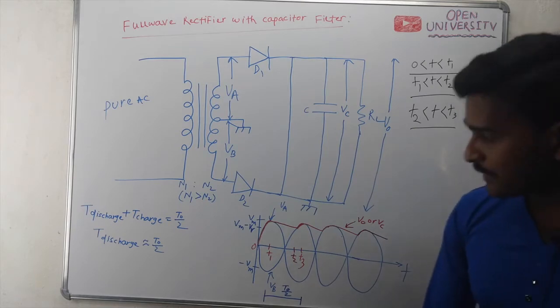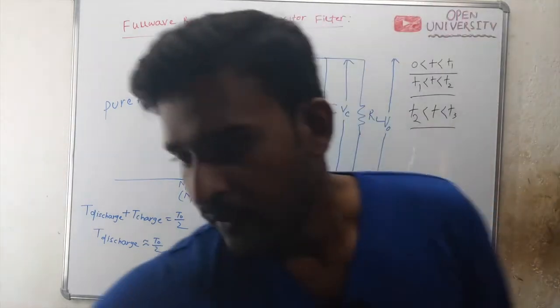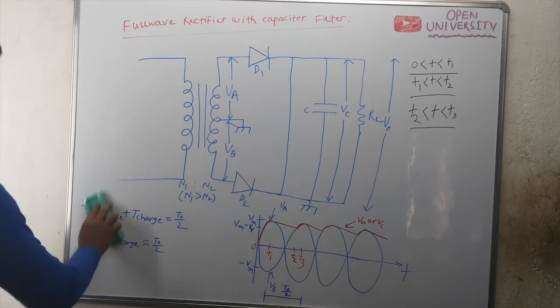Let's give this heading. First heading, peak to peak ripple voltage. Let's derive the formula for peak to peak ripple voltage.